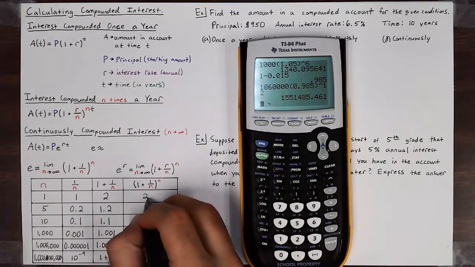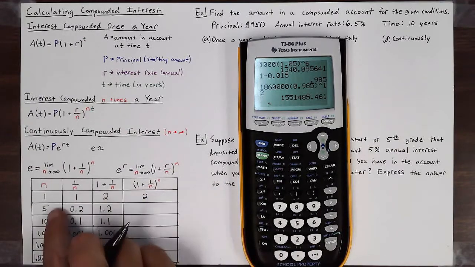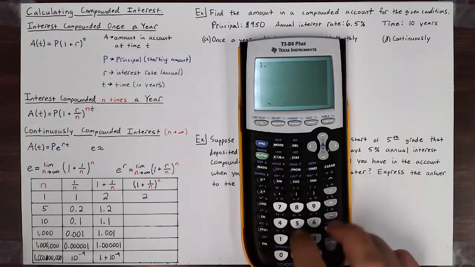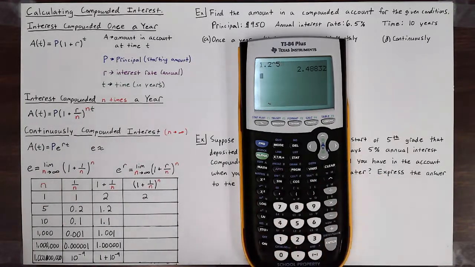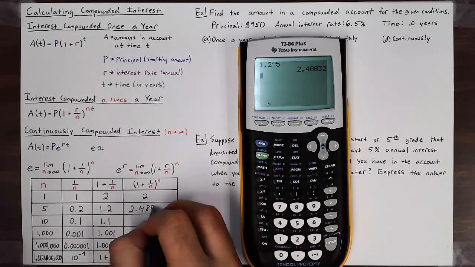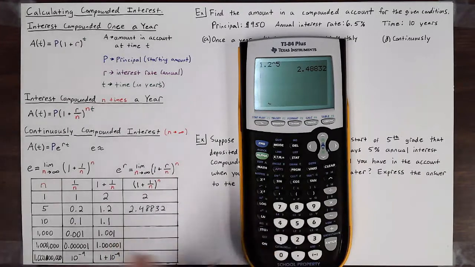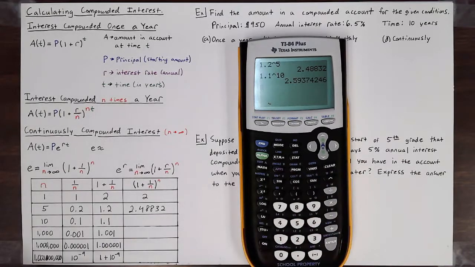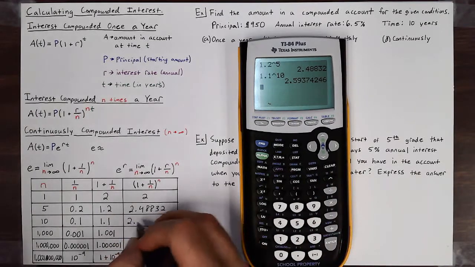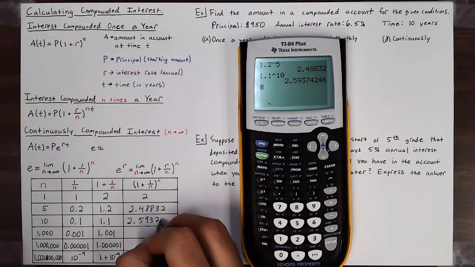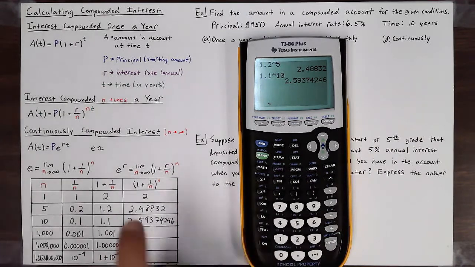But then when I do 1.2 to the fifth power, I'm going to need a calculator to help me. So 1.2 to the fifth power. That gives me 2.48832. Now let's do 1.1 to the 10th. Still getting bigger. So 2.59374246.